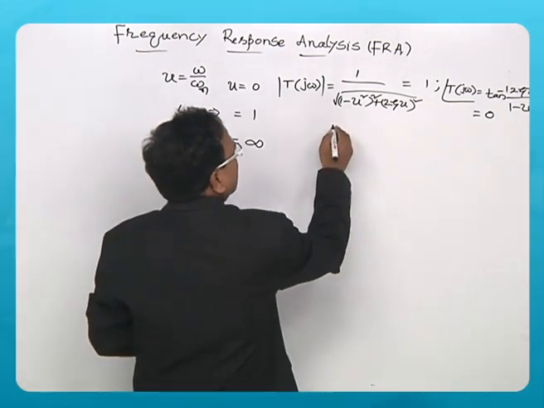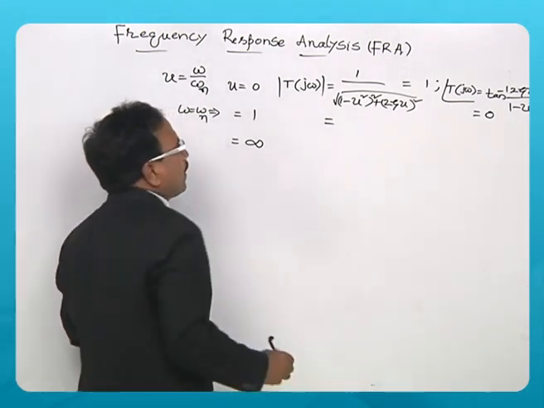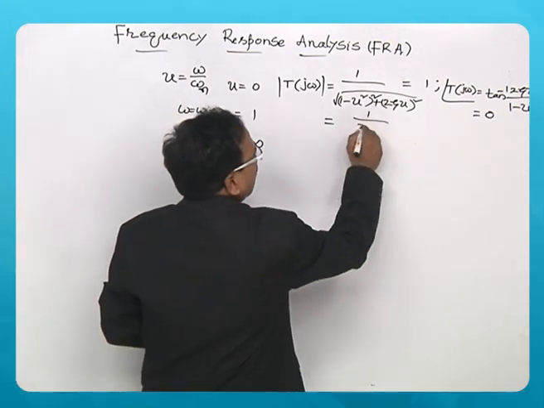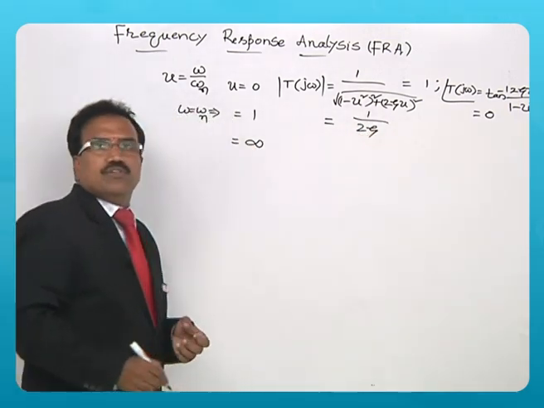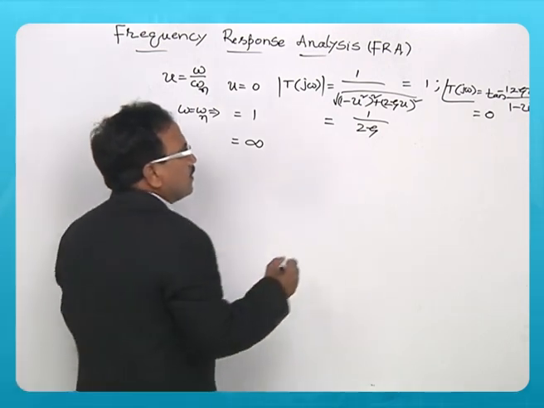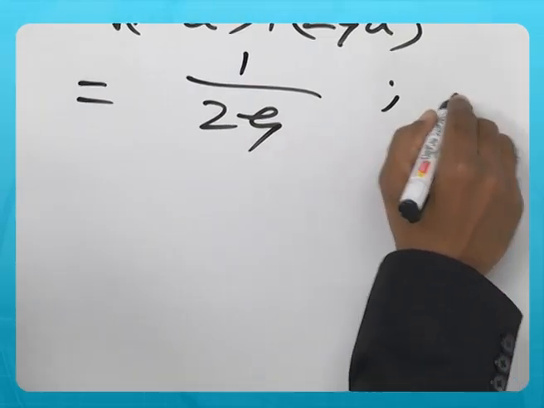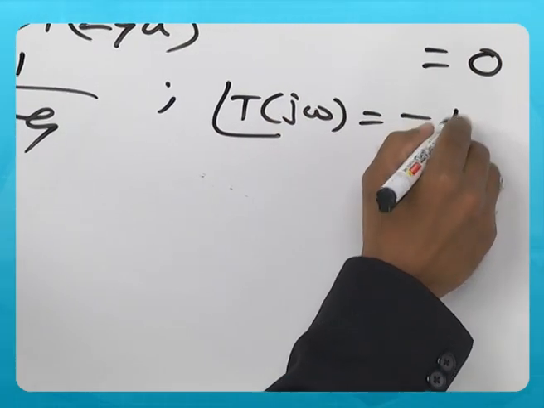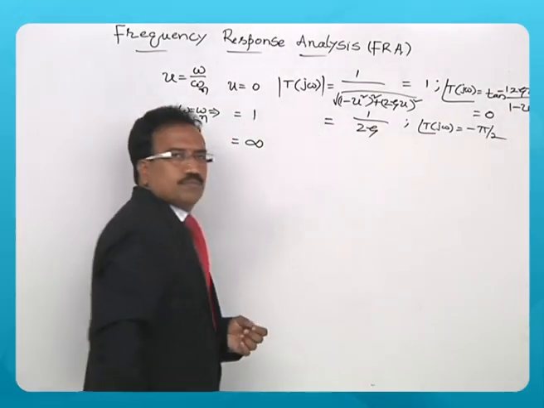For that, the magnitude is 1 by 2 zeta, some finite magnitude, and the phase angle of T of j omega is minus pi by 2.